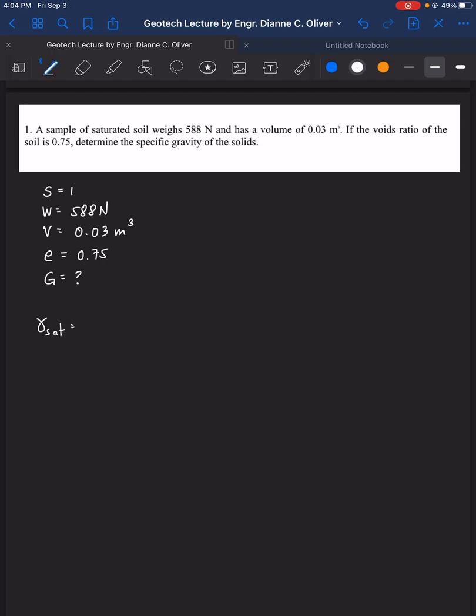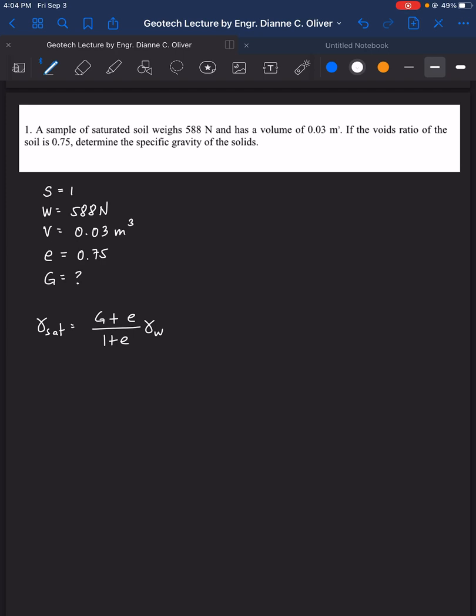So why are we using gamma? Why not density? Because we're talking about weight and volume. Okay? So we have here gamma sat is equal to G plus E all over 1 plus E, gamma of water. Okay?